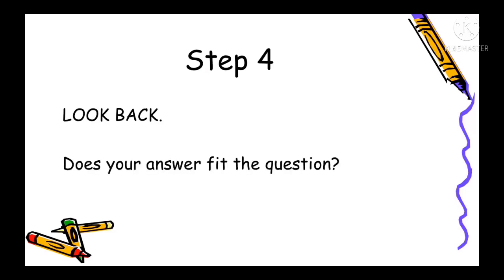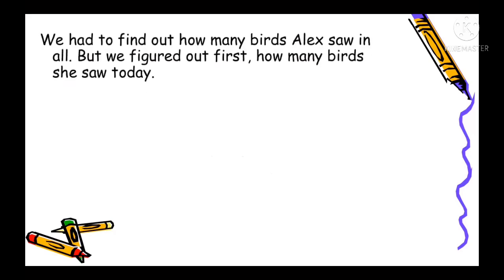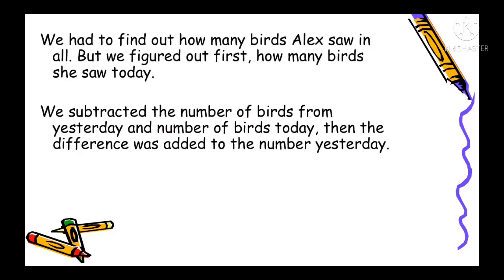Okay, good. So we had to find out how many birds Alex saw in all, but we figured out first how many birds he saw today. I said she, but it's Alex, it must be he. So we subtracted the number of birds today from yesterday.